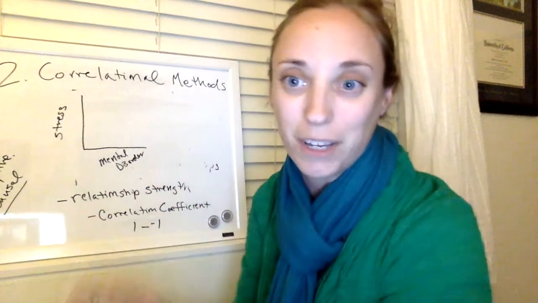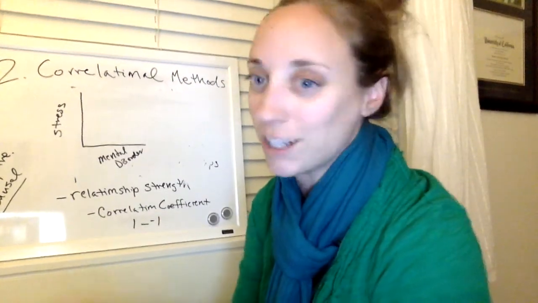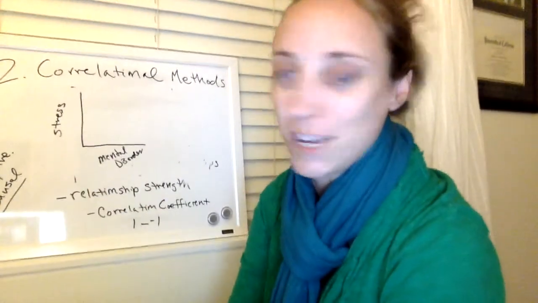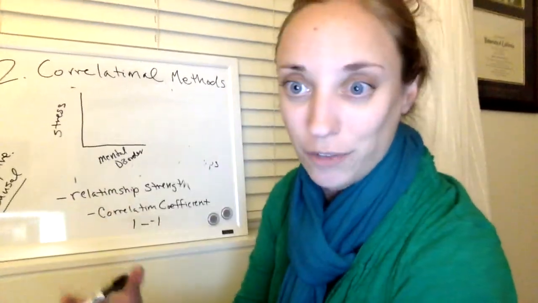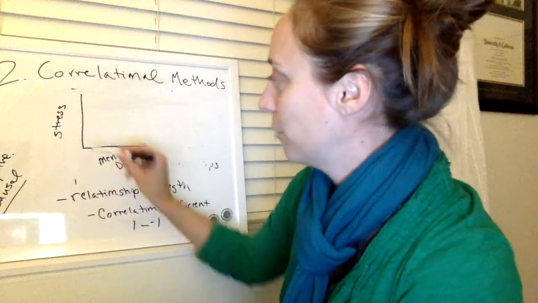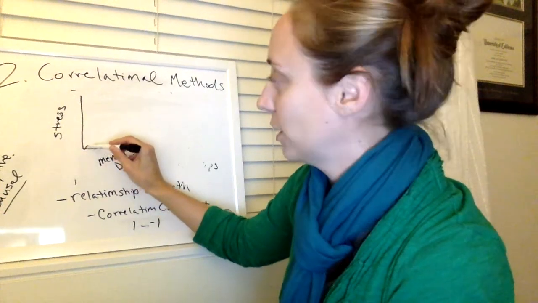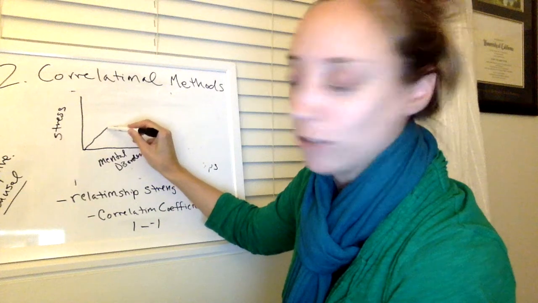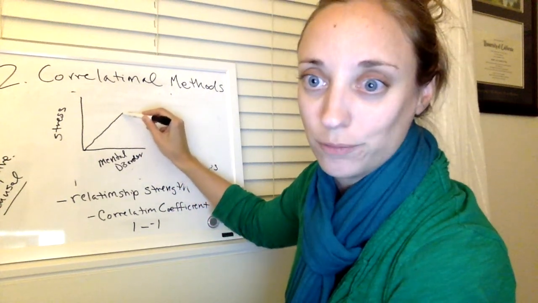We could just be lumping mental disorders together, such as anxiety, depression, schizophrenia, just for the sake of this example. And if you have a positive correlation, that means that these two things are going to go together, meaning the more stress you have, the greater your likelihood of being diagnosed with a mental disorder.